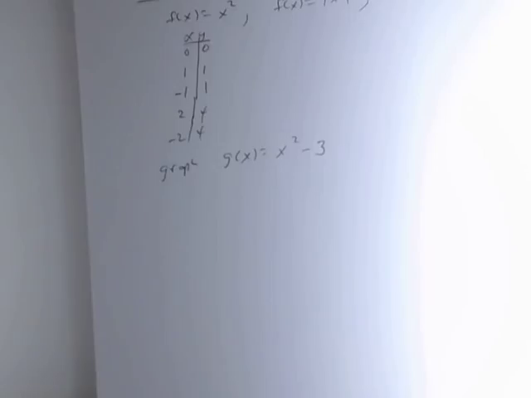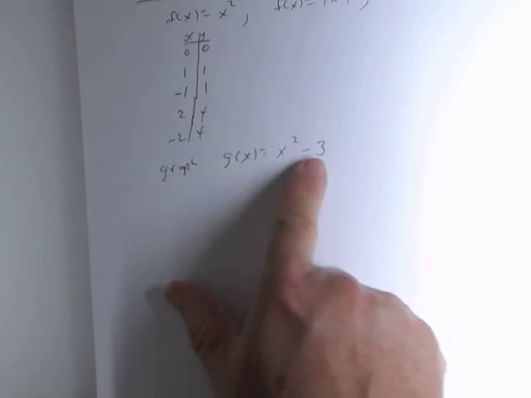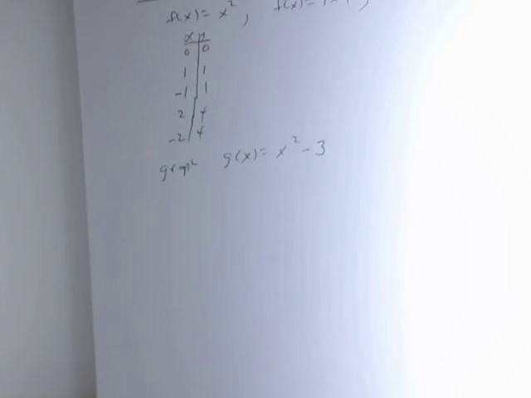And so in the video, do you remember what that negative 3 said to do to the parent function? What does that negative 3 do? Nope, not at all. It's a vertical shift.